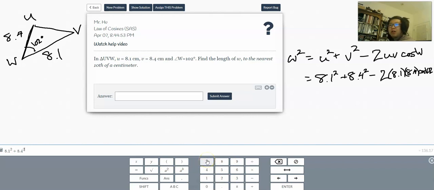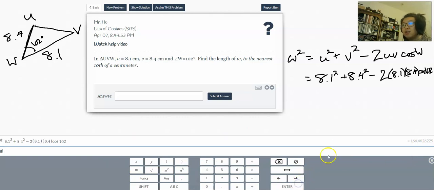So there's my 8.1 and 8.4 squared, and then I subtract 2 times 8.1 times 8.4 times cosine 102. Just check real quick, we are in degree mode, so we should be good on that. It spits out 164.4626. I'm going to click enter so it saves my work.